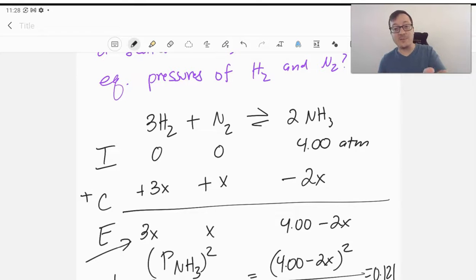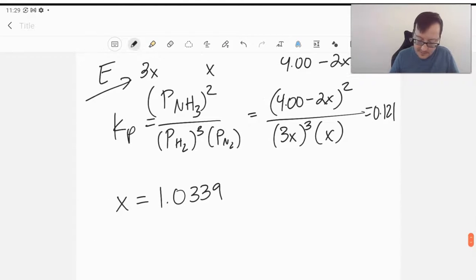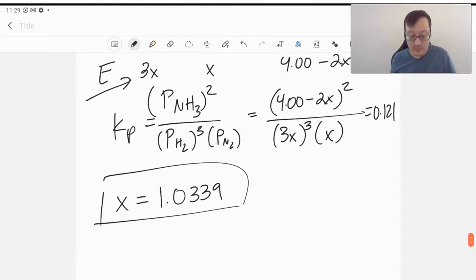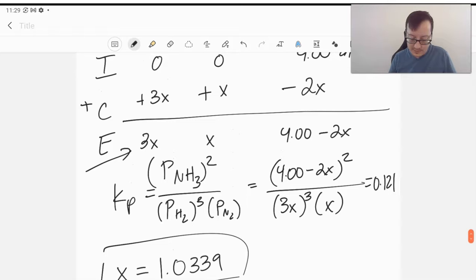Of course, we can't have x be bigger than 2 either. So you just have to think about it rationally, right? If 4 minus 2x is one of our values, x can't be more than 2, because we can't possibly have a negative concentration of ammonia either. And so, in this case, we figured out that x is 1.0339 atmospheres.